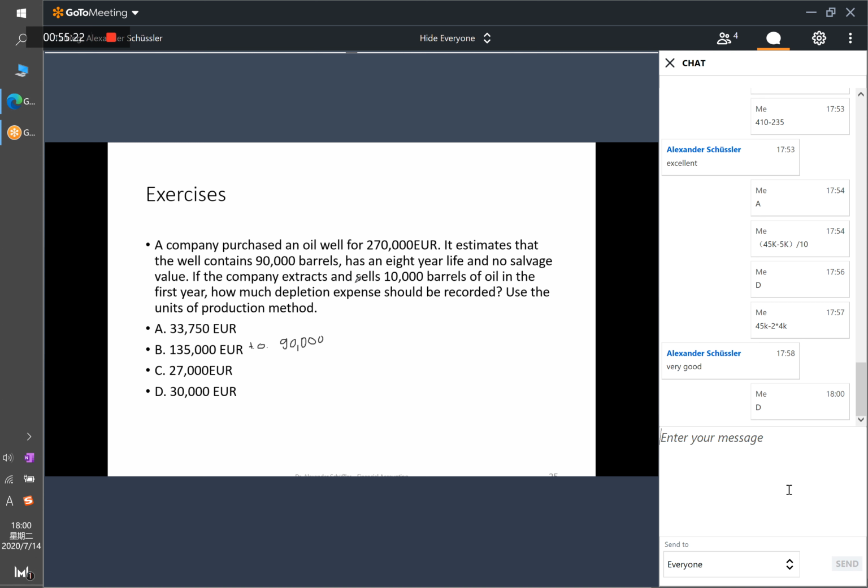If the company extracts and sells 10,000, so 10,000 is 1/9 actually.